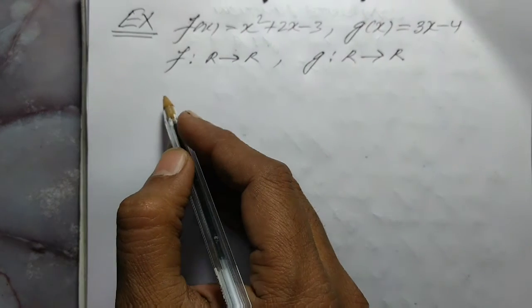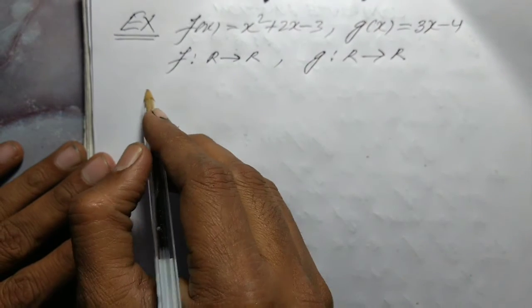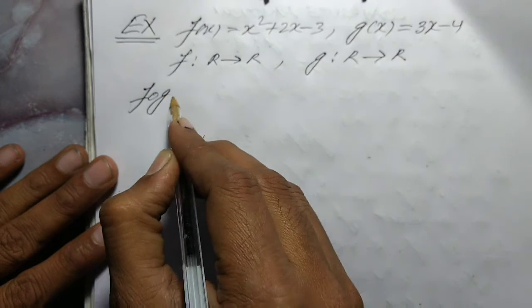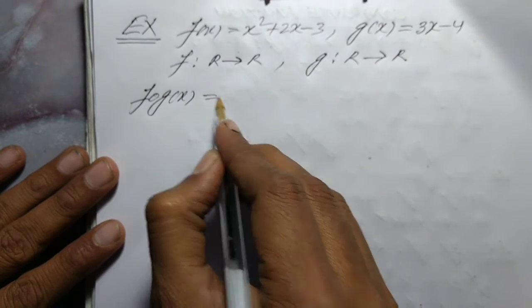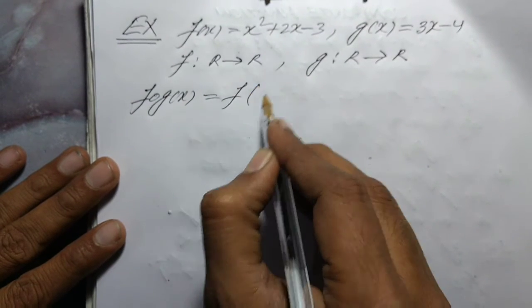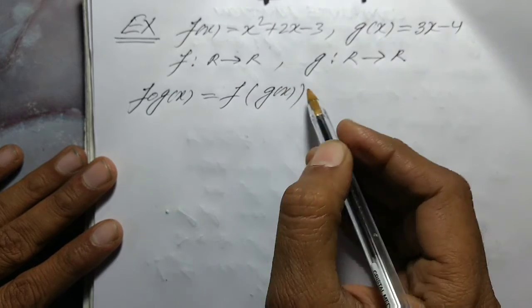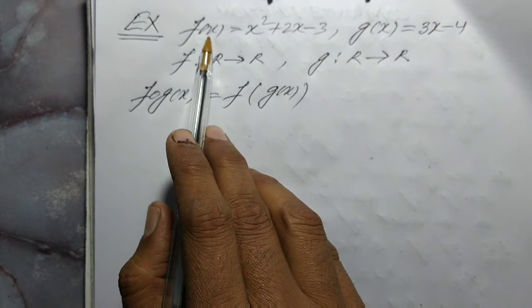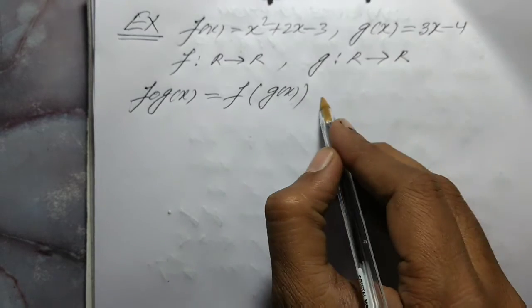So we need to find out fog(x) and gof(x).